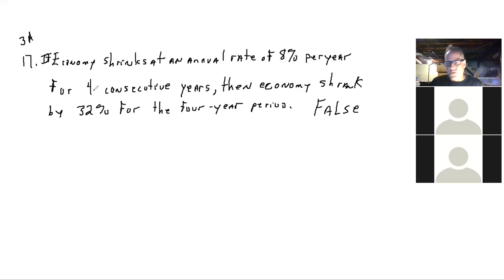On a quick cursory look, it seems reasonable that it would shrink by 32% just by saying 8 times 4 is 32. But again, the issue is your reference number is going to change every year that you're taking the 8% of. When you work this problem, it's going to have different numbers. Like, the one that I just called up here was 10% for 4 years.